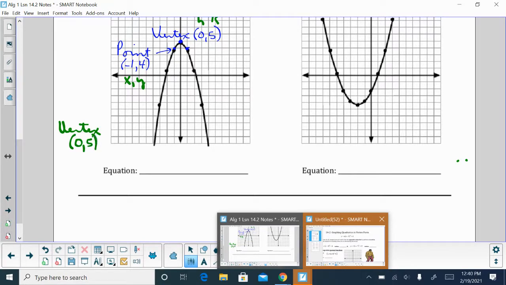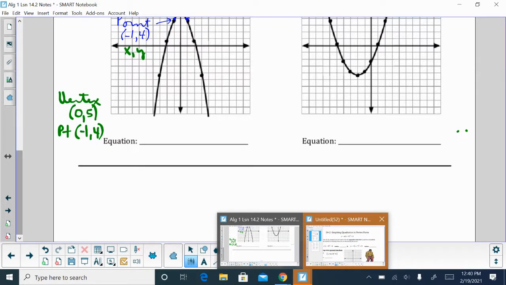So vertex is (0, 5). The point that I'm going to use is (-1, 4). And so now, we're going to use our vertex info and our point info and substitute it into that form, vertex form, for a parabola.